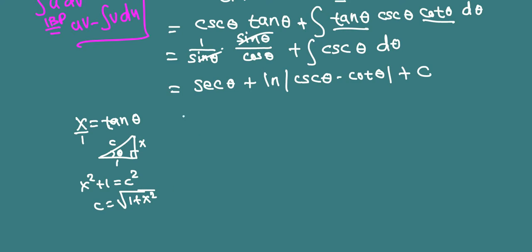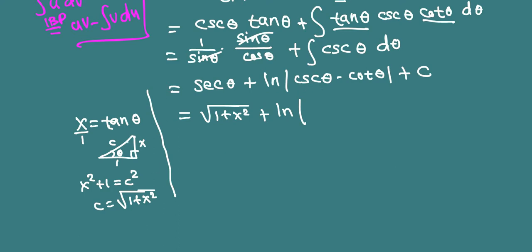Then secant is the reciprocal of cosine. Cosine is 1 over c, so secant is c over 1, which means root 1 plus x squared, plus natural log of cosecant, which is the reciprocal of sine.